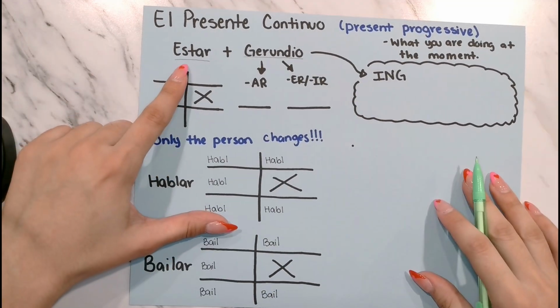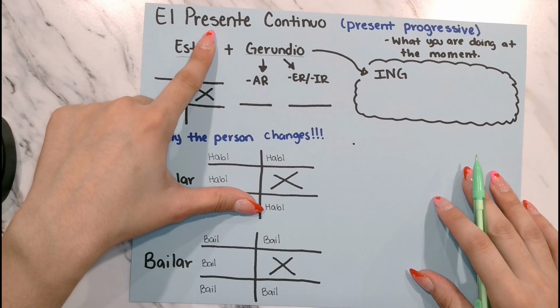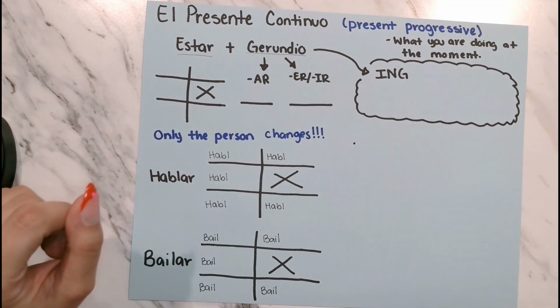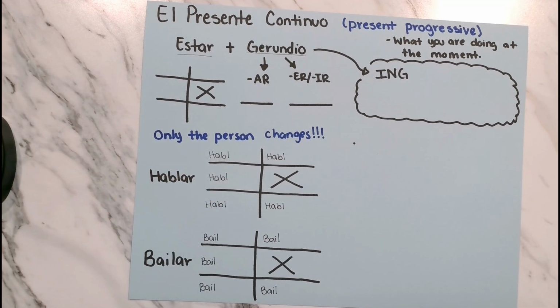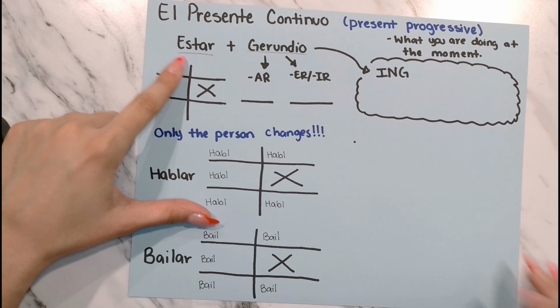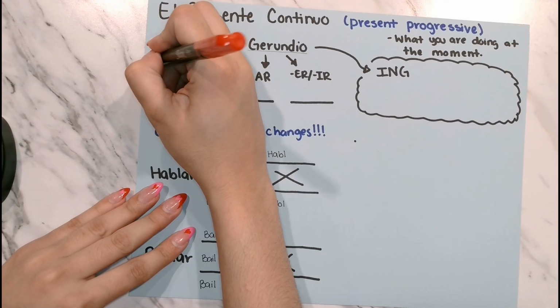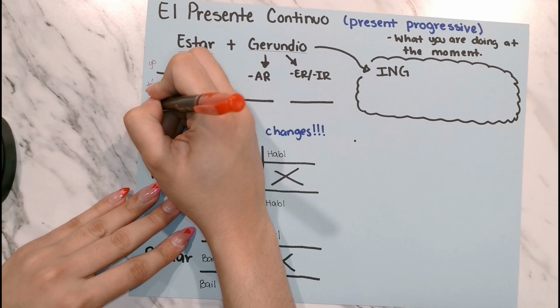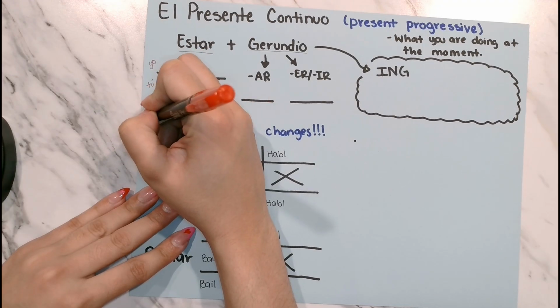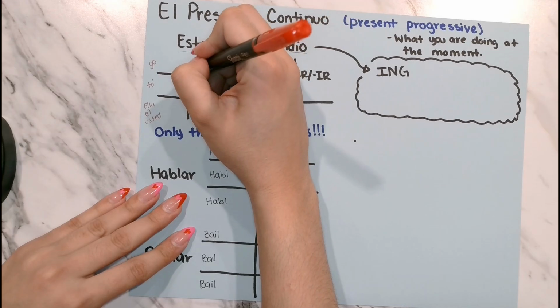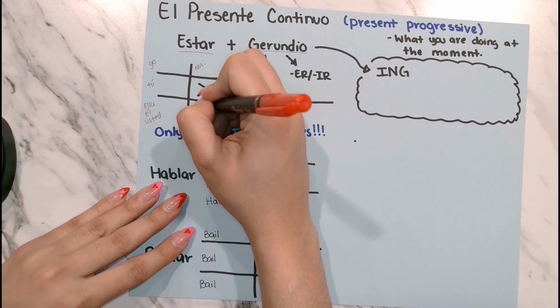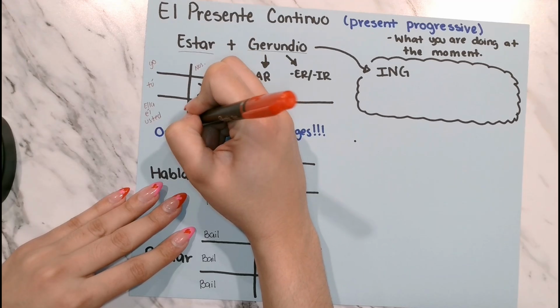When it comes to estar, we're using el presente continuo, which means we have to conjugate estar en el presente, not the past, okay? When we're conjugating estar, we have yo form, tú, ella, él, usted, nosotros, and ellas, ellos, ustedes.